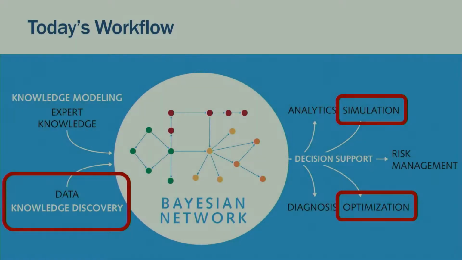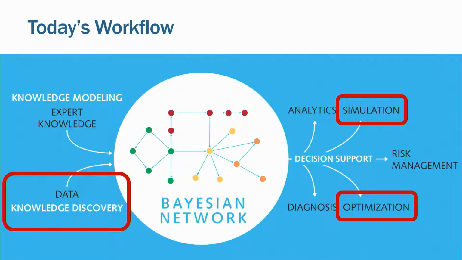Let me perhaps now put that into context. Many of you will have seen this particular diagram before. And I'll show you how our workflow belongs in here. First, we perform knowledge discovery from data to build a Bayesian network. That is very common, and you have probably seen that before on many occasions.